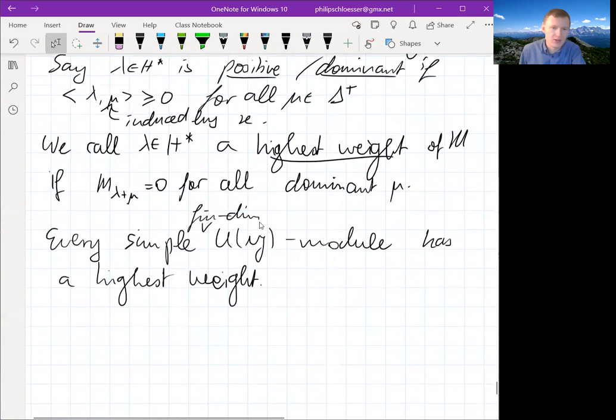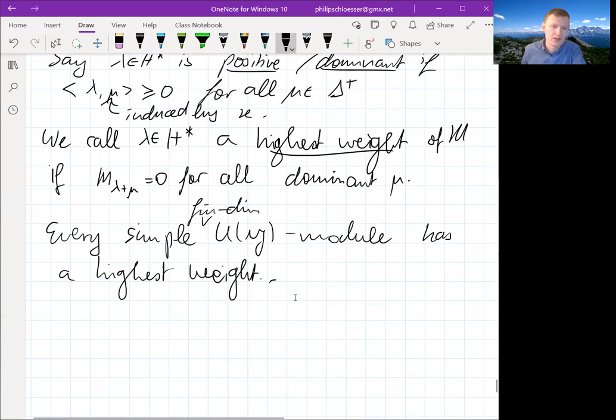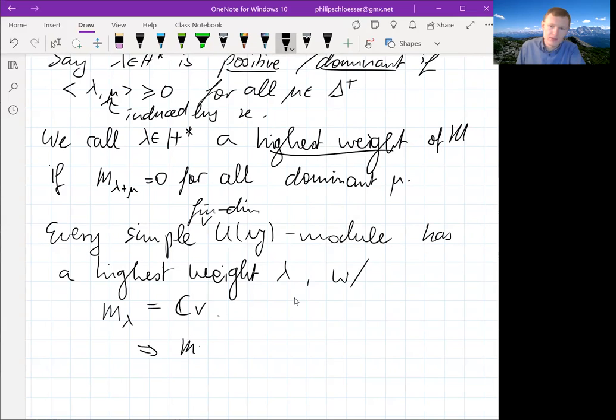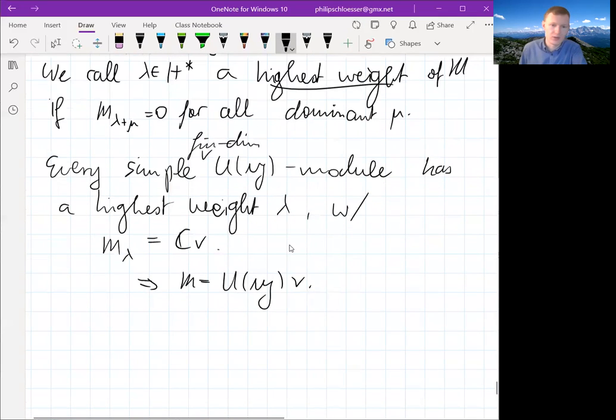And secondly, because it's simple, this highest weight space can't be spanned by multiple things. It has a highest weight lambda, with M lambda being one-dimensional. And then M is generated by this one element as a UG module.